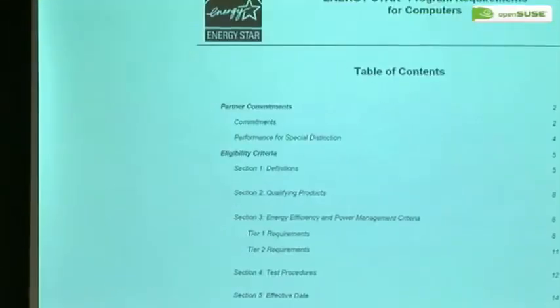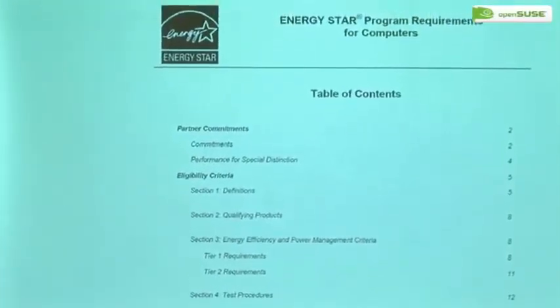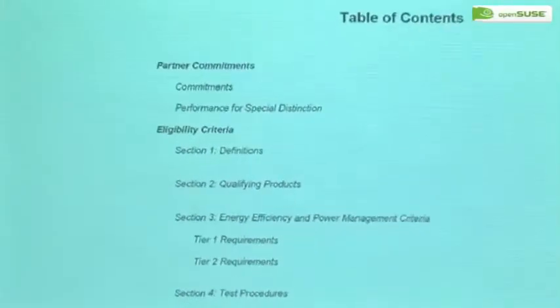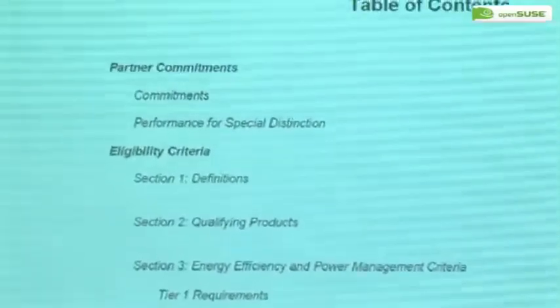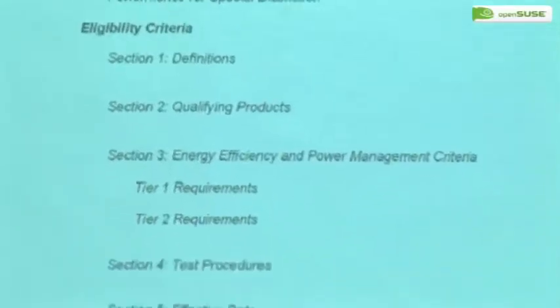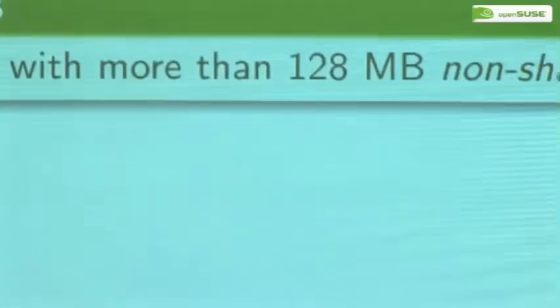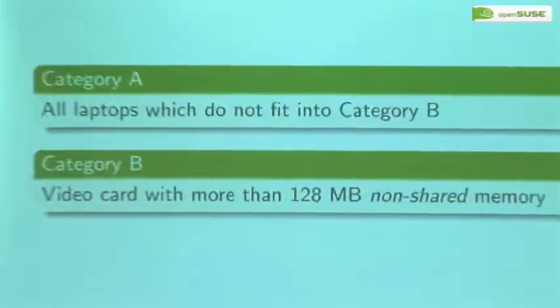So, coming to the computer specification, the table of contents looks like that. It's about 20 pages long, and it contains a lot more details than I will talk about here. So if unsure or if you want to know more, consult the original specification. I have to make clear some terms at first.